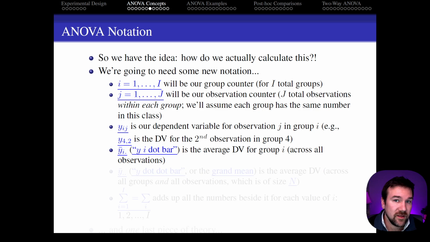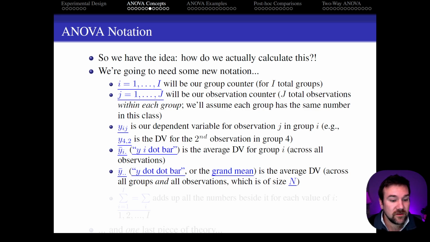That would be where j is. I'm talking about essentially all of the observations in group 2. So we put a dot in the place of j to represent that we're looking at all of the j's. So Y sub i dot, that is, I'm looking at group i, all of the j's in group i, and then the bar indicating I'm taking the average of that.